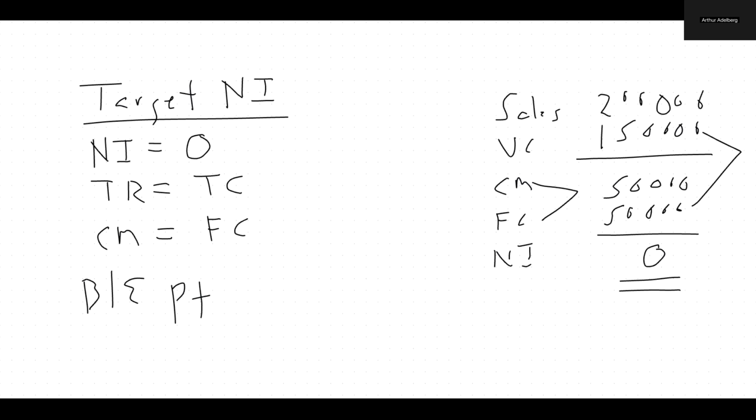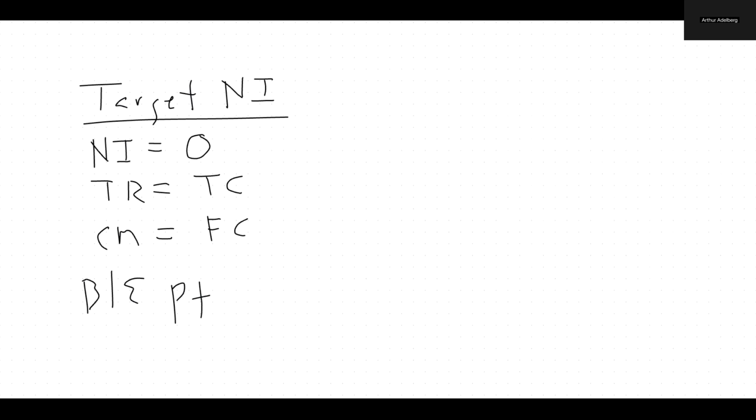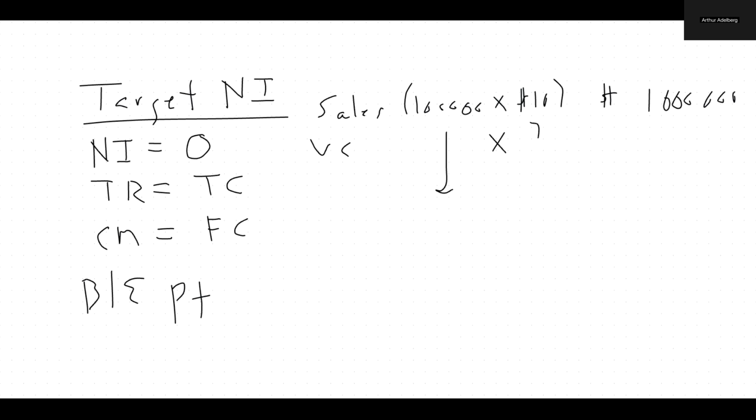So let's look at our company. We are not earning 0. In 2026, if you remember, we sold 100,000 units at $10. We had sales of $1 million. We have a variable cost that's a constant $7 per unit, and that was 700,000 at 100,000 units.